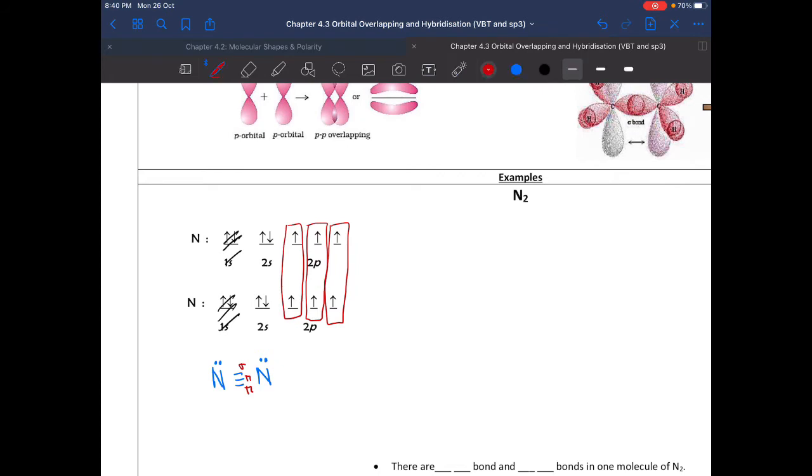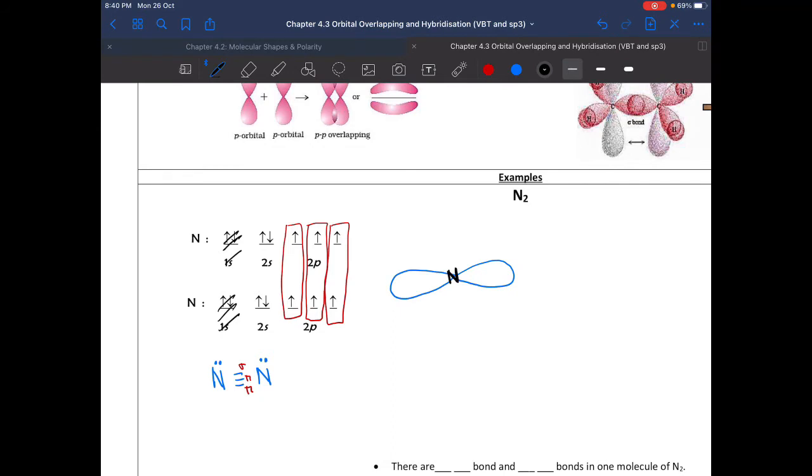Okay, for sigma bond, the overlapping is end to end ataupun head to head overlapping. So kita draw macam ni. Okay, so this is nitrogen. I will label it in the middle this time. Okay, tak kisah nak label bawah ke tepi ke.